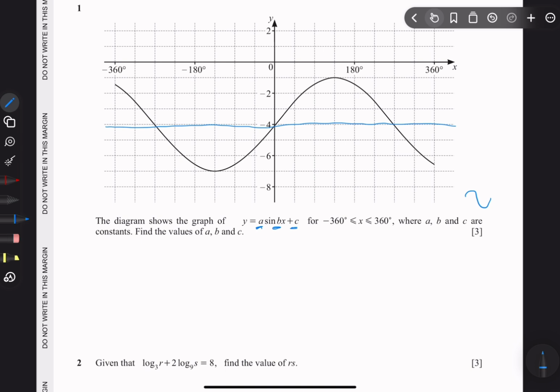To find the amplitude, it's how much the graph goes up from the middle line. So it'll be 1, 2, 3. So the amplitude is 3.